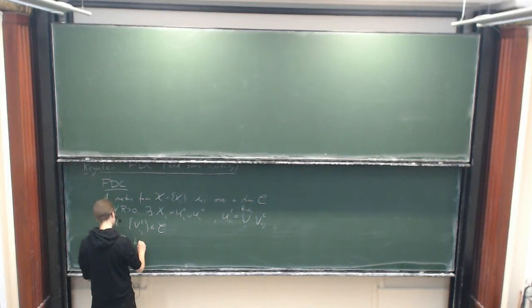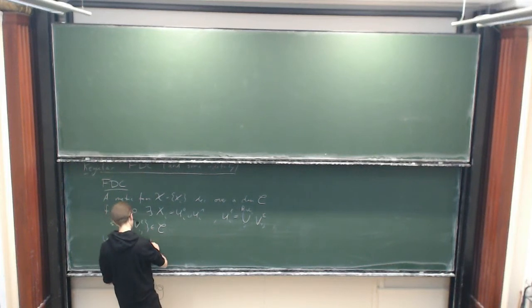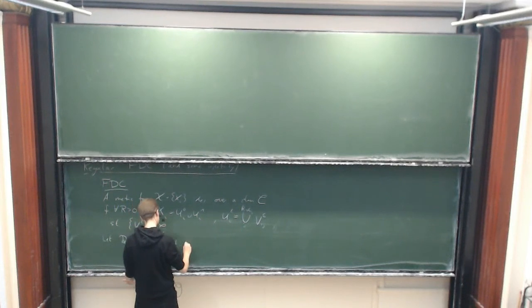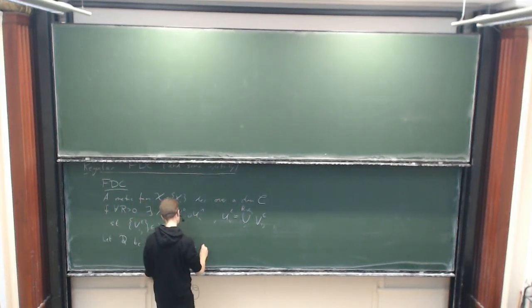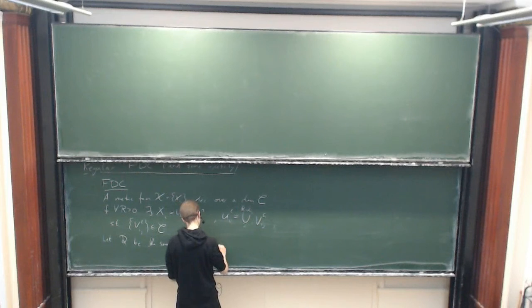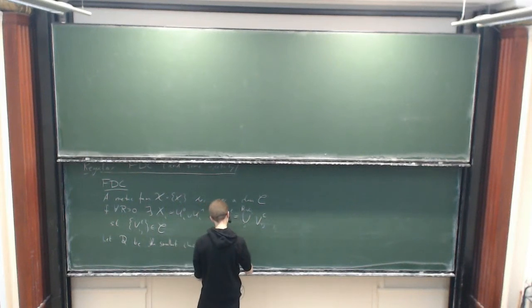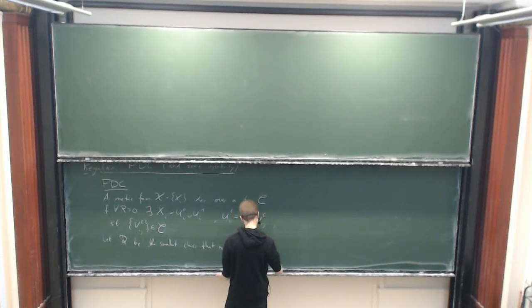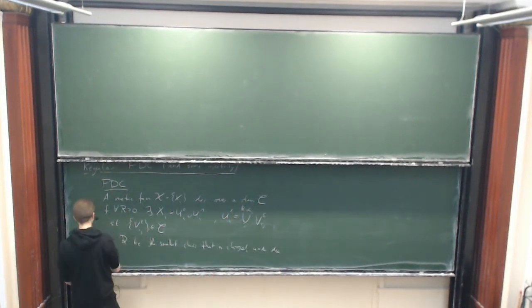And now let D be the smallest class that is closed under decomposition and contains all uniformly bounded families.